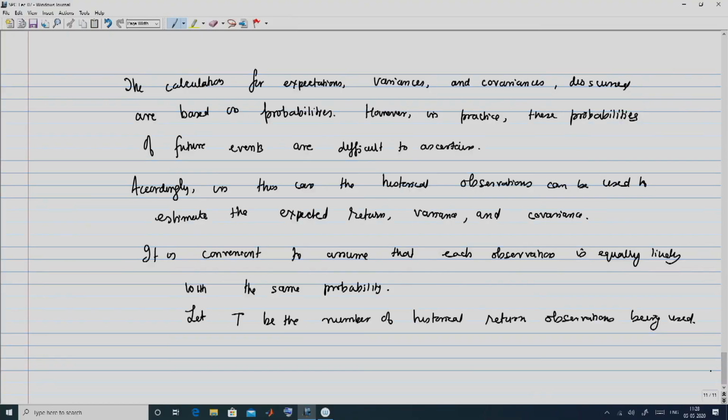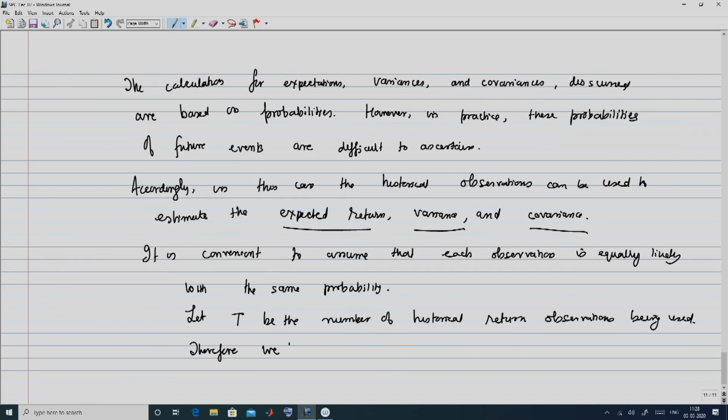So, this means that if all such observations are likely to be repeated and are taken as the random variable R I s, then the assumption of them likely to happen with equal probability means that each of those probabilities is going to be 1 divided by the number of observations of return, that is capital T. So, each of the probabilities is going to be 1 over T. So, accordingly, based on the historical data, we can calculate expected return, variance and covariance.